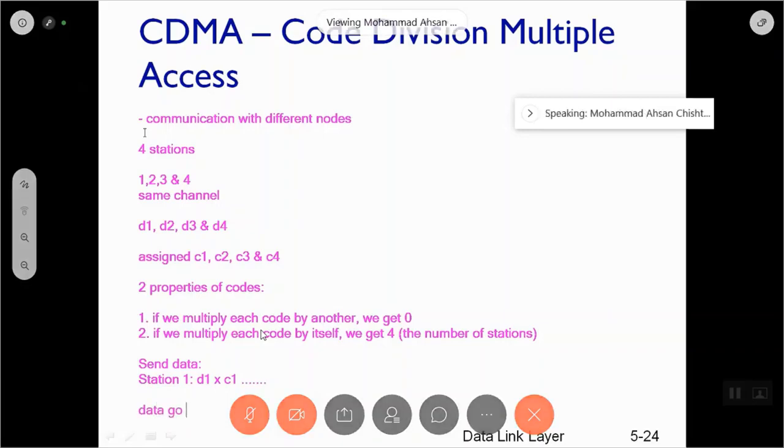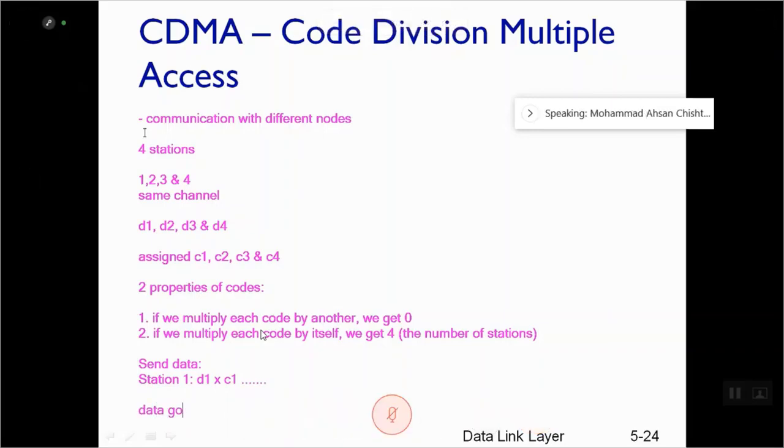Now, how does data go in the channel? It would be D1 into C1 plus D2 into C2 plus D3 into C3 plus D4 into C4. Okay.